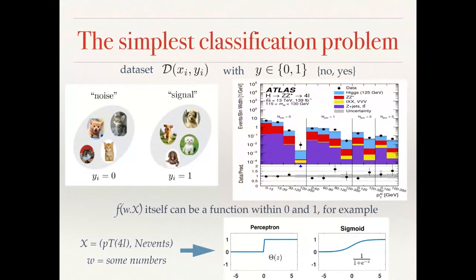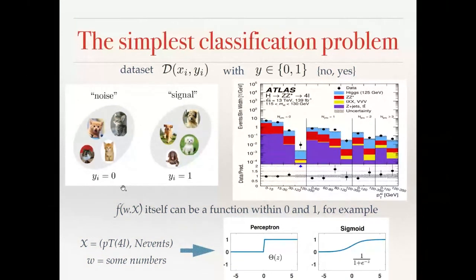Okay, so what we want to do is to take the inputs. In this case, for example, images of cute cats, or properties of events in the Large Hadron Collider. You would like to transform them, and this should give your prediction for being standard model or BSM, new physics, being a cat, being a dog. The labels, the output of this transformation in a binary classification problem, can be set as 0 or 1.